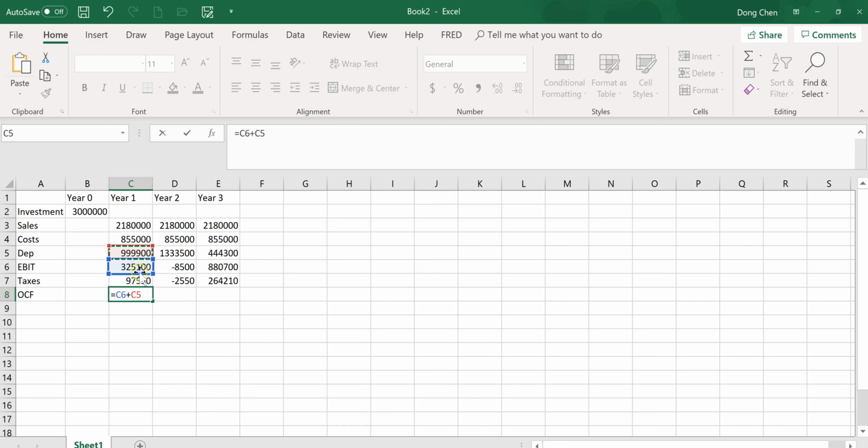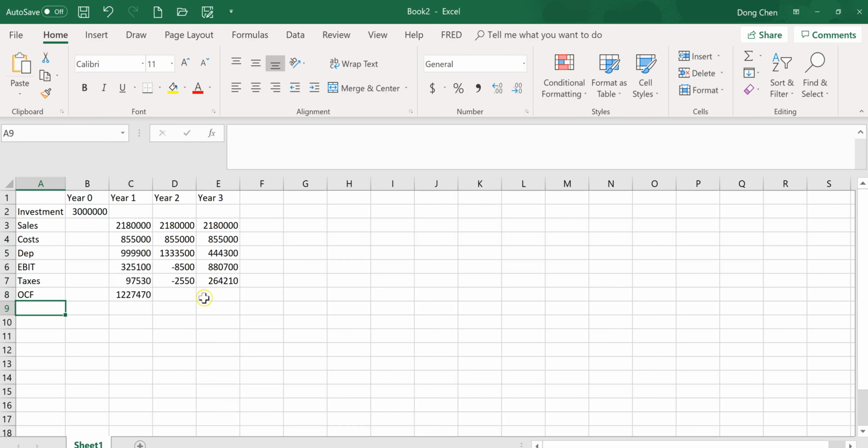But since it's not, we need to add it back. And then we need to deduct taxes, because taxes are real cash the firm has to pay. So it's this, and then pull all the way to the right to get every year's taxes.